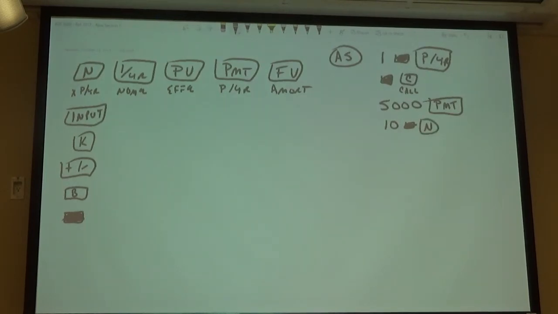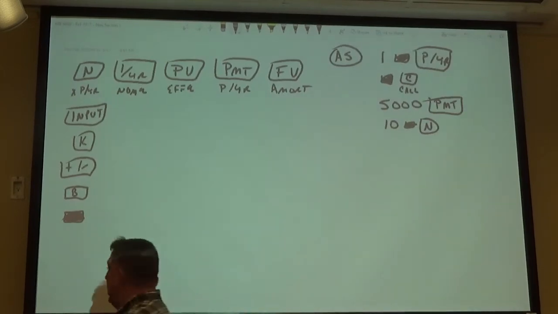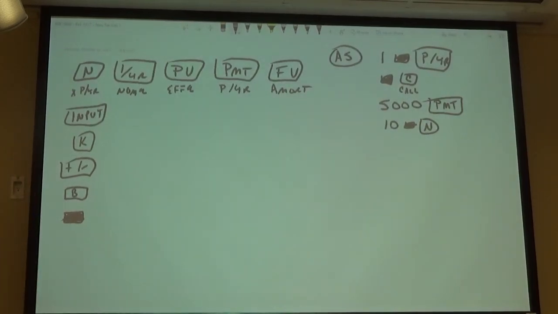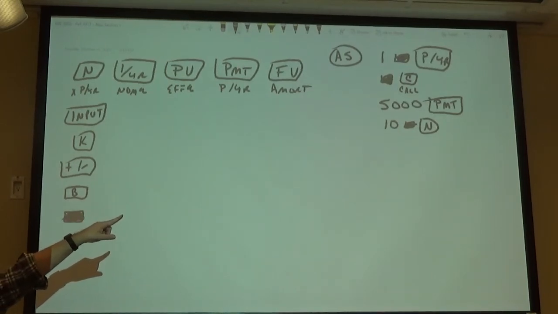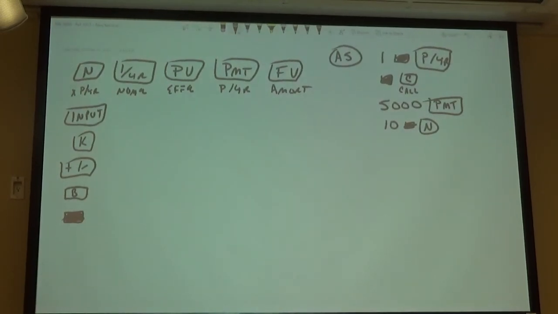You're going to say, why do you do that? Underneath the in key is X payments per year. So whenever you type in 10 shift in, it's saying 10 times the number of payments per year, which happens to be 1, so it's 10.